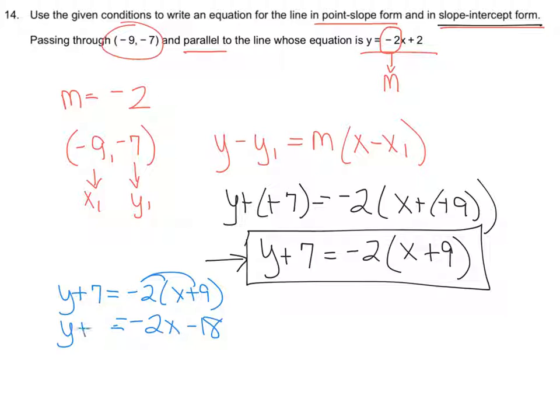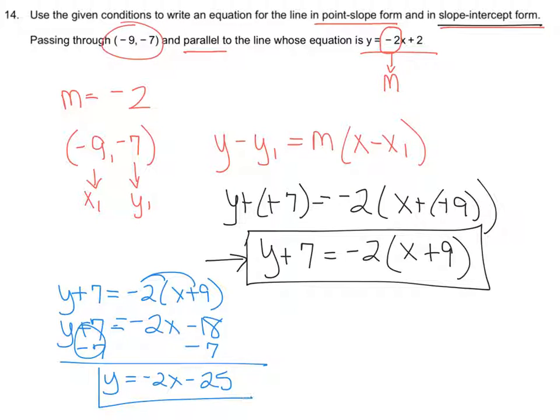Then I'll subtract 7 from both sides, and we're left with y equals -2x minus 25. And this form is in slope-intercept form.